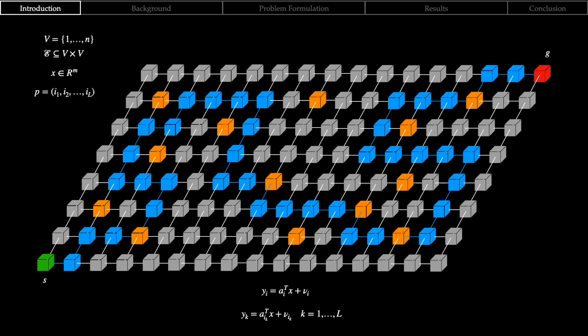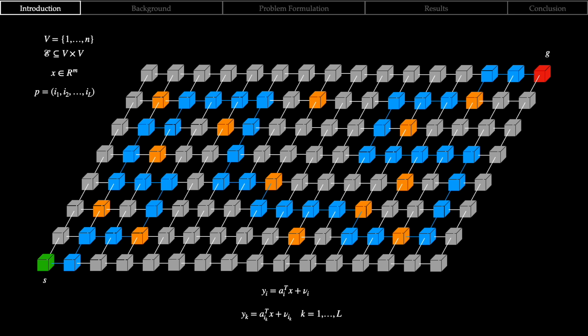So given this setup, how do we actually take measurements now? What we're saying here is that we have the following measurement model, where at node I in the graph, we receive measurement yi. And this measurement is characterized by this A vector, this AI, which is telling us how we are going to measure those x values at a given node.